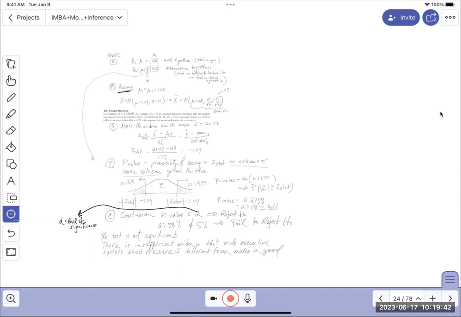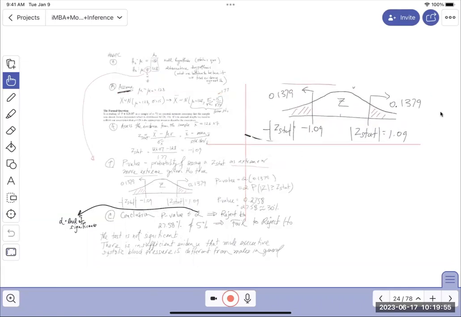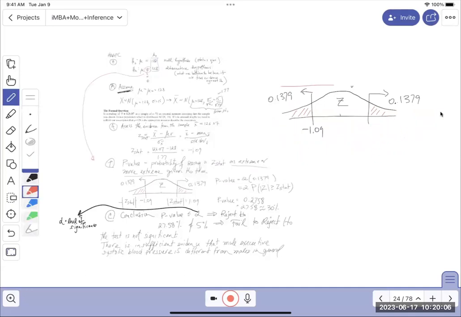So basically, let me show you what I'm talking about. I'm going to take this out. I'm going to take away these absolute values because I know they bother people, but I need to mention it because you see them in the notes. Basically, you want to go positive and negative, the number you get.